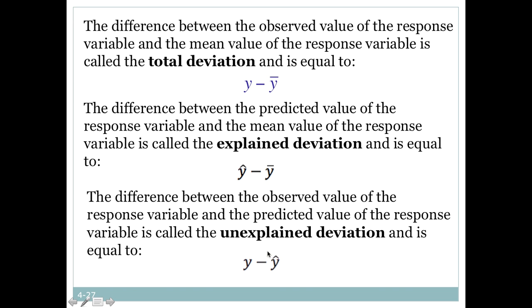Then we have unexplained deviation, which is found by taking your observed value and subtracting the predicted value. The better your equation is at making your predicted values very close to the actual observed values, the smaller this unexplained deviation will be, which in turn makes your r squared value higher. So the higher the r squared value, the better your equation.